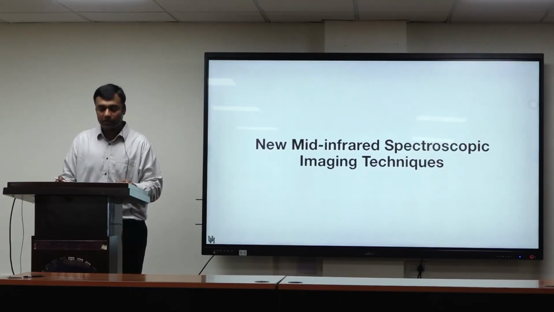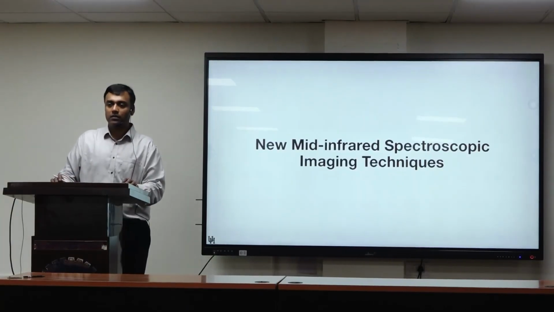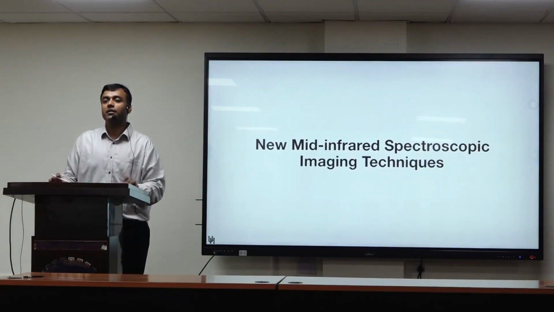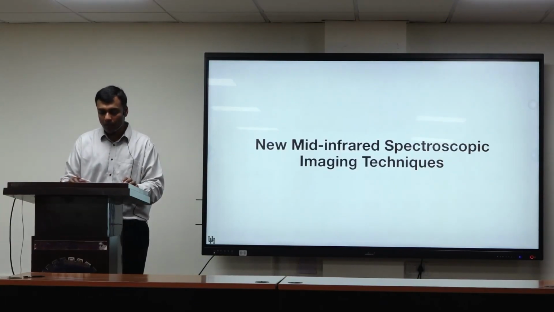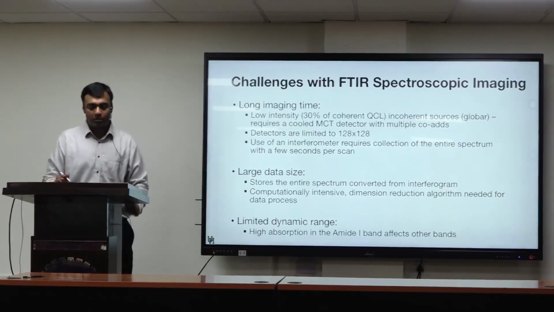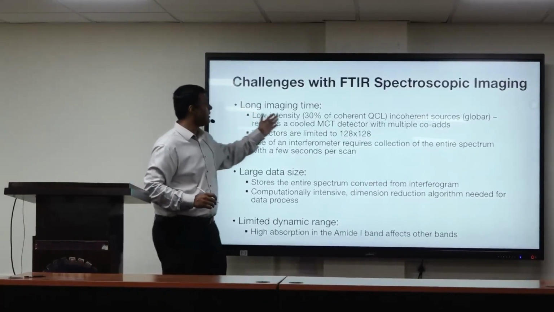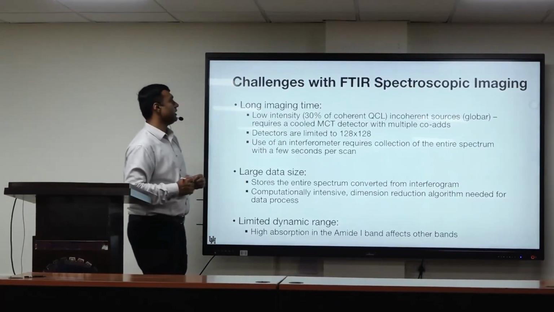So there are several innovations which have happened in the recent past, 10, 12 years or so, which have made new kinds of imaging systems possible, which allow us to do much better than FTIR in different ways. Some of the problems of FTIR imaging are it takes a long time to collect the data.